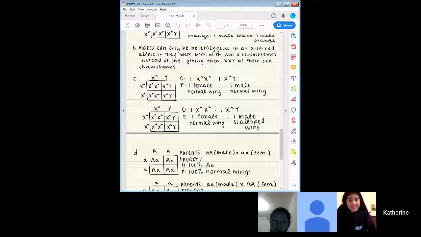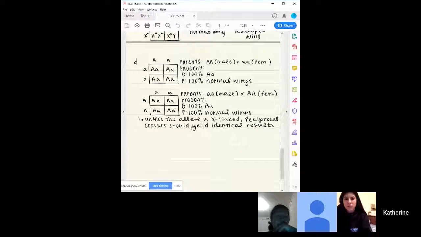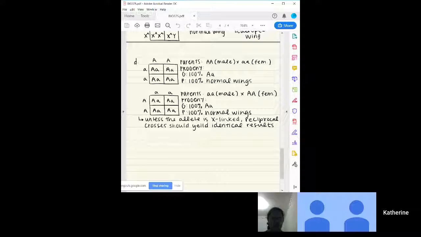Okay, and then for D, this question concerns the scalloped phenotype described in part C. Assume that the scalloped phenotype is the result of an autosomal recessive mutation. Indicate the genotypes and phenotypes of the progeny produced when reciprocal crosses are done.